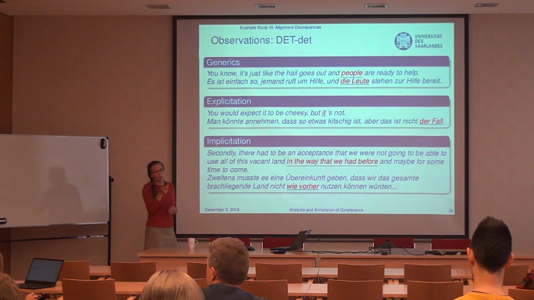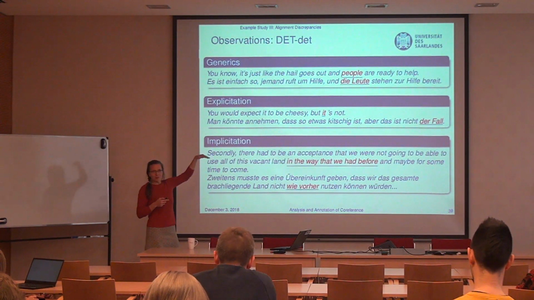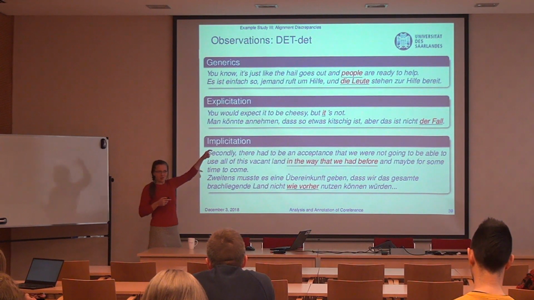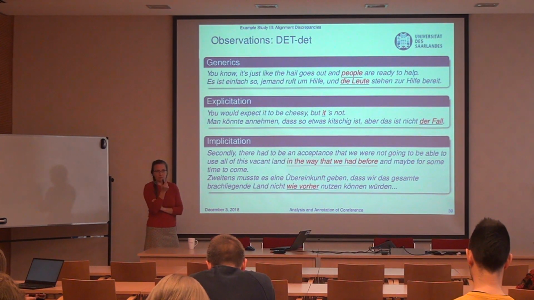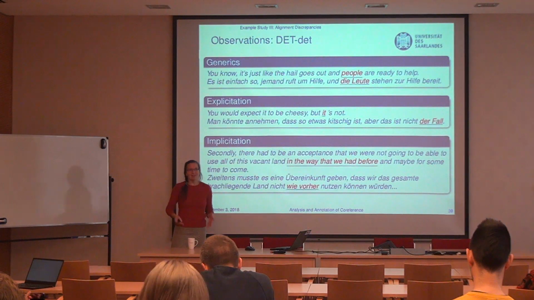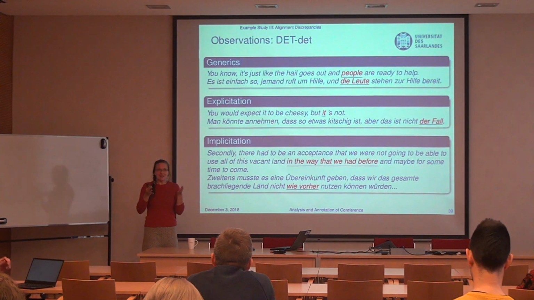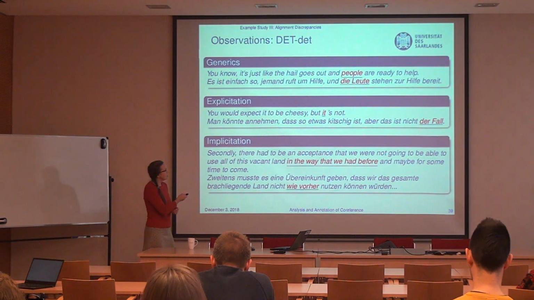So I suppose it would be interesting to have a look at the cases where we have a definite article in English, and if there are matches in the parallel data with the German die Leute, and if the match is really the number. I think it would be interesting. So there are many things that we could do with this, let's say, disaligned data which has these mismatches in the end.